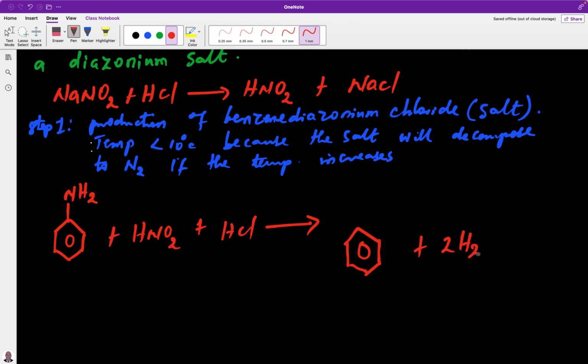So this is what happens here. There is a nitrogen. This is the salt. Let me show how it is. We have 1, 2, and 3. That is the salt.